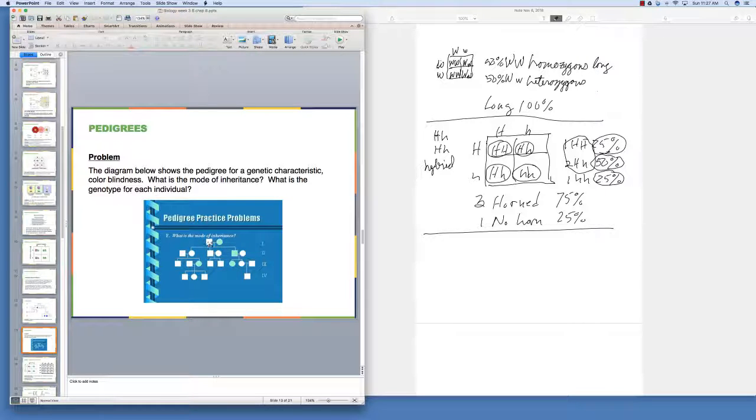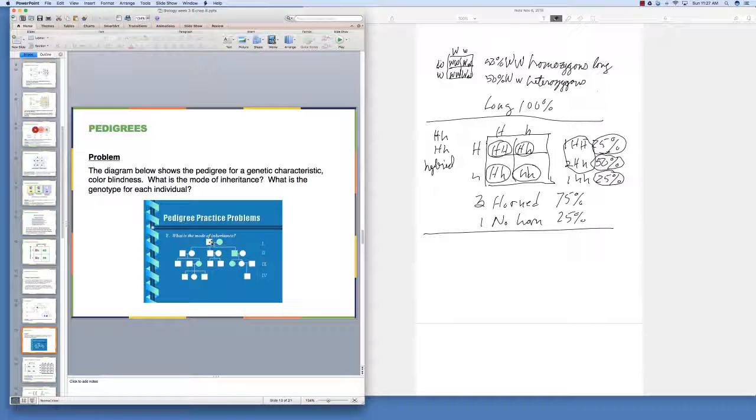Okay, so you can probably figure out each individual. Now, the way to tell in regards to the mode of inheritance is to look at who is affected. So we have a female, a male, and let's just assume that they colored white is unaffected males and females.